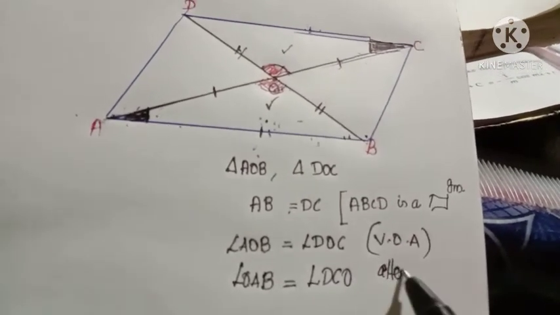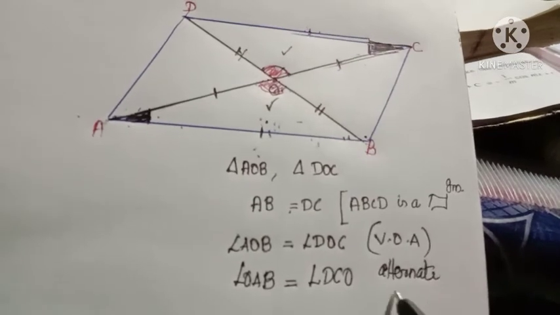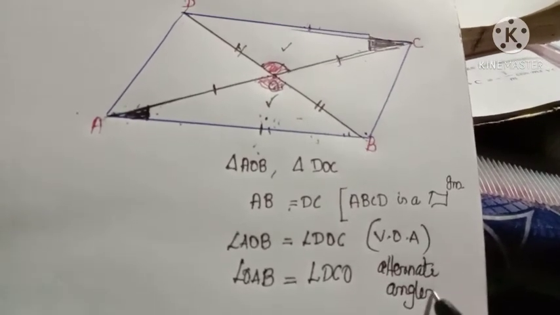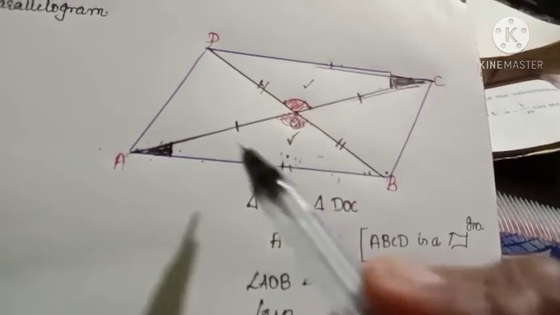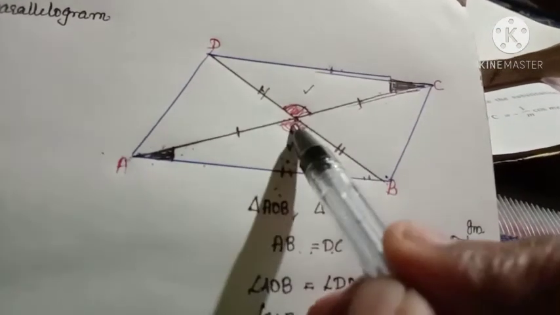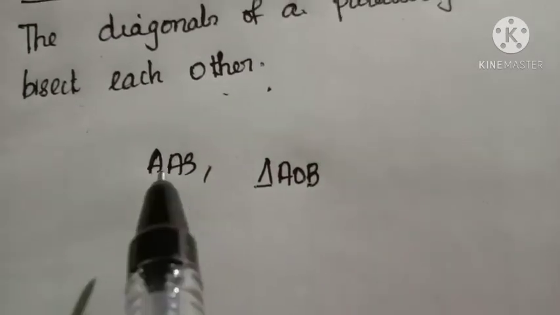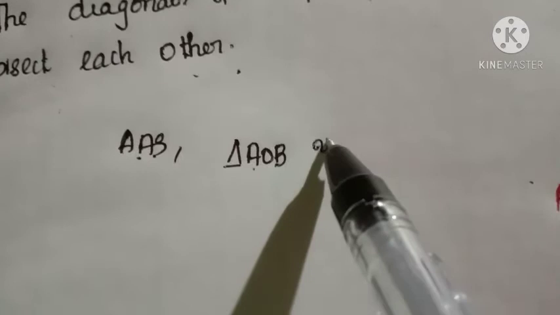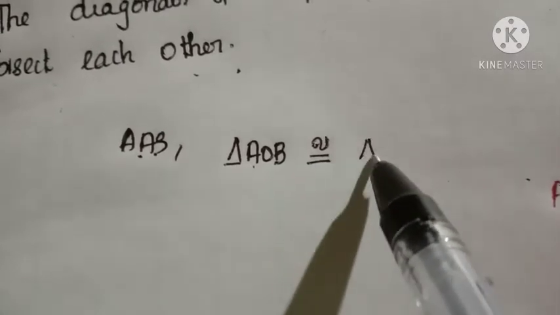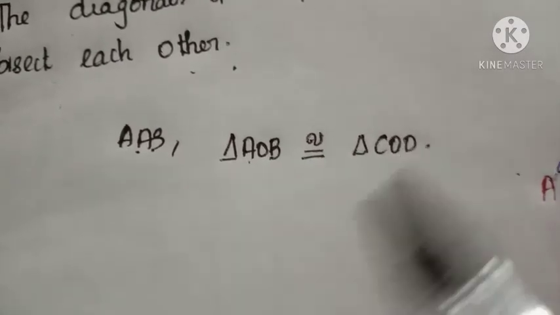Yes, alternate angles. Alternate angles are equal. So we have two angles and one side. We consider these two angles. By AAS congruence rule, triangle AOB is congruent to triangle COD.